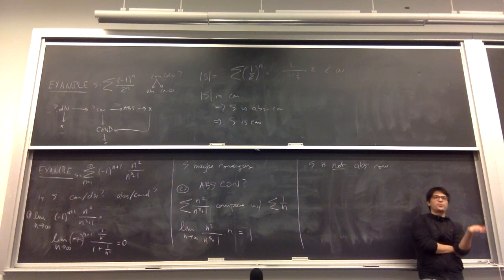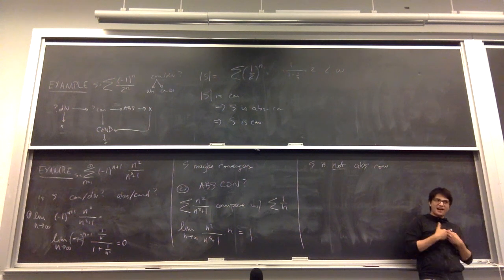Okay, so at this point, our only recourse is to use the alternating series test. But I've conducted every other test beforehand, hoping that one of those easier ones would work. Because now with the alternating series test, the second condition is actually not always easy to deduce.